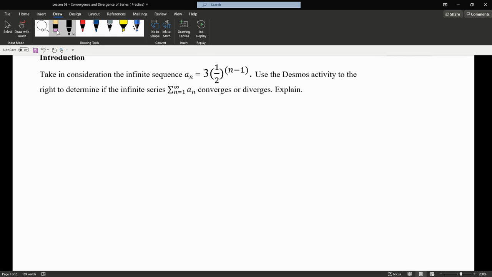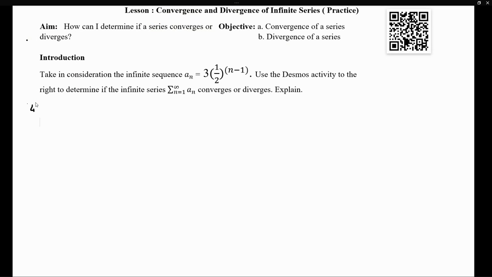And again, the way that we determine if a series converges or diverges, and by series, I mean infinite series, is this: an infinite series converges if the sequence of partial sums converges.